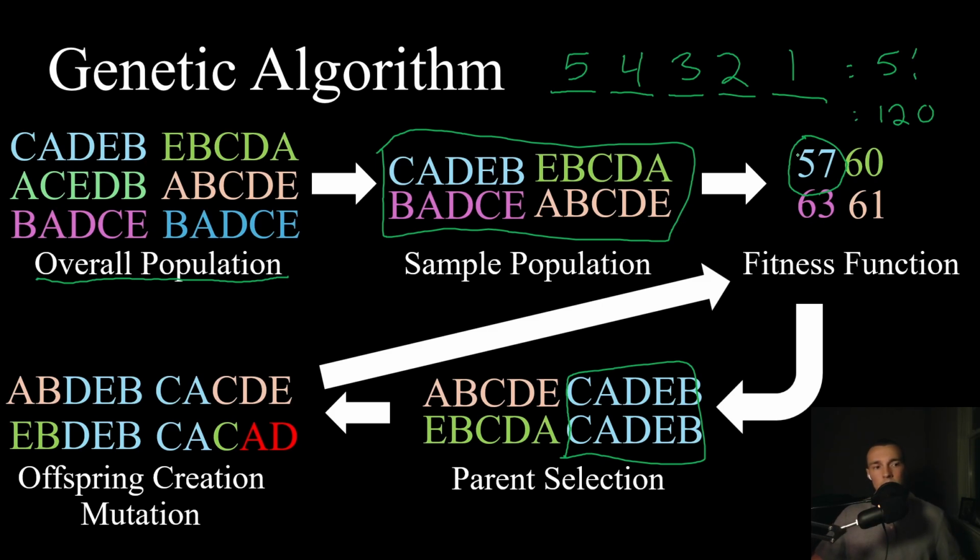And this is somewhat a simplified explanation of how this works. There is some math in the background, obviously, but I hope this makes intuitive sense when comparing it to natural selection. We can see that the BADCE sequence here, with the highest make span, ended up not being selected as a parent because it was the worse off.